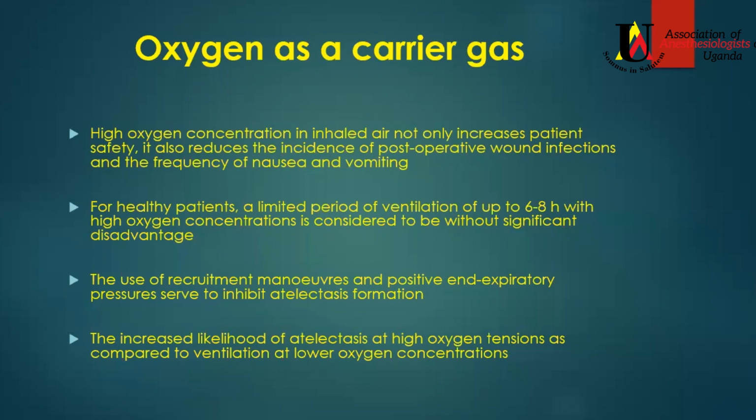And because the difference between the partial pressures of the oxygen in the blood and in the alveoli is too high, the oxygen diffuses rapidly out, leading the alveoli to collapse, and that's what causes the atelectasis. So you want to have the oxygen partial pressures in the blood as close as possible to the ones in the alveoli to avoid all that. And that's why I said, if you have been using pure oxygen, then you have to use recruitment maneuvers, and also use PEEP to inhibit that atelectasis from happening.